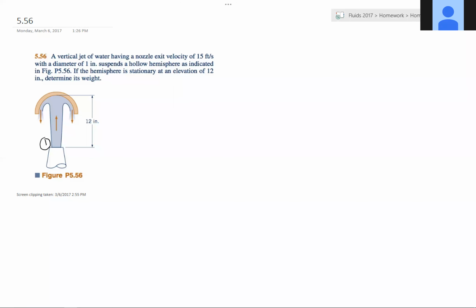So if we're saying this velocity comes up and it hits this surface like that, we're going to work in V. First, let's start with what's our V2 going to be? Negative or positive? Yeah, so this is going to be V2.